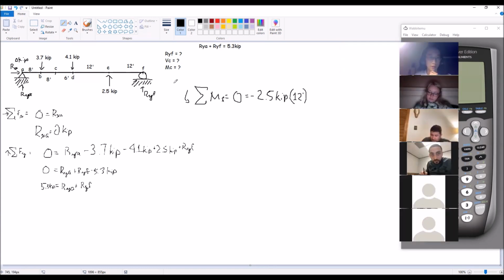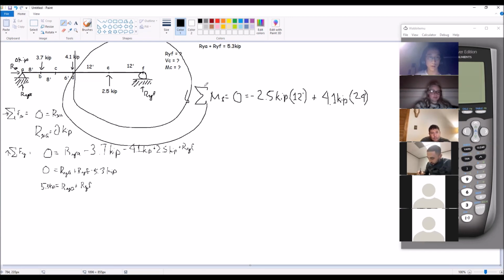All right, so now we're just going to move on to the next one. 4.1 kips. How far away is that from F? 24 feet. Positive or negative? Positive, beautiful.